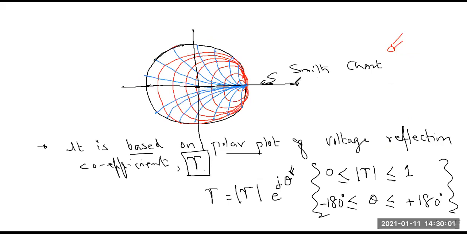Of course, I have represented the reflection coefficient in polar form, but you know from your complex number knowledge that any complex number can also be represented as having some real part, which we represent by gamma r, and some imaginary part, which I represent by gamma i.